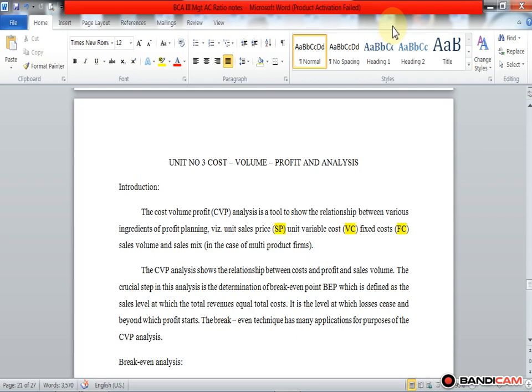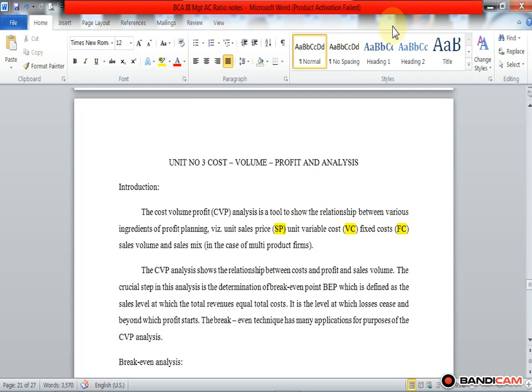Introduction. The cost volume profit (CVP) analysis is a tool to show the relationship between various ingredients of profit planning: unit sales price, unit variable cost and fixed costs, sales volume and sales mix in the case of a multi-product firm.